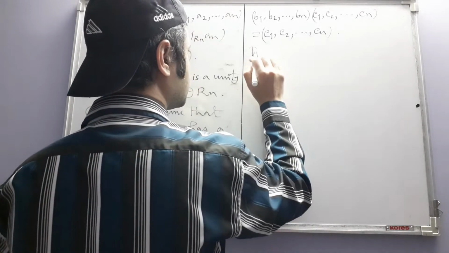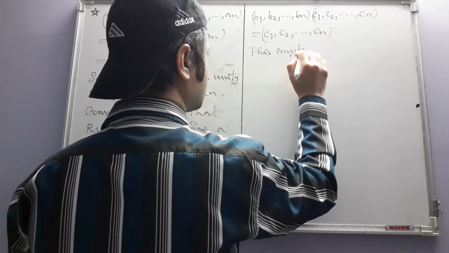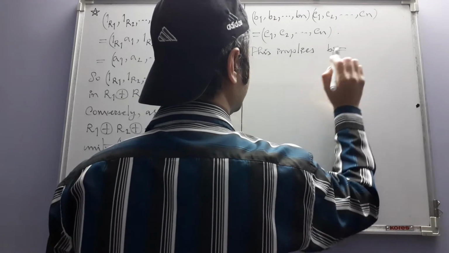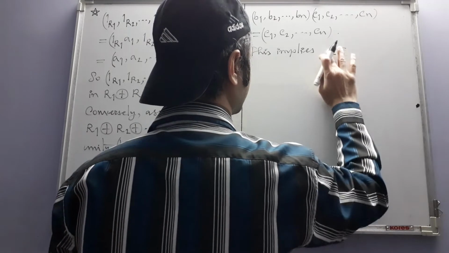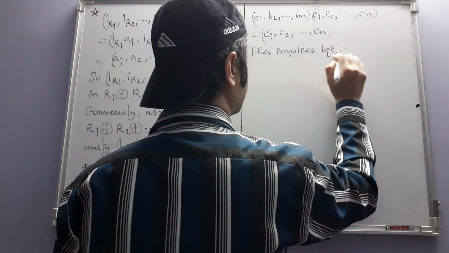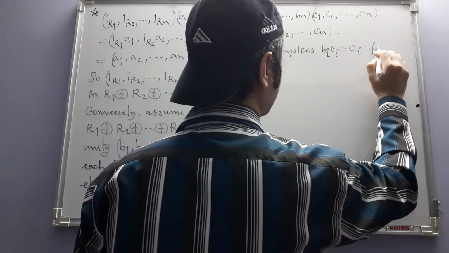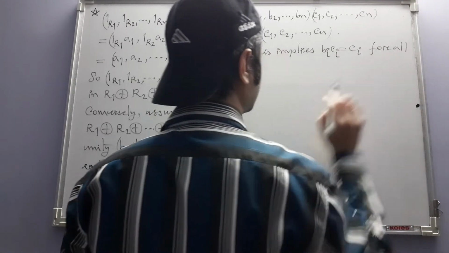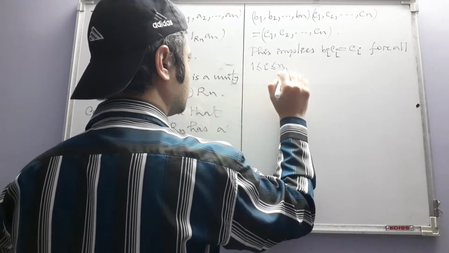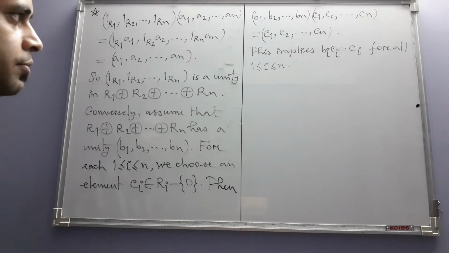This implies Bi times Ci is equal to Ci for all i varying from 1 to n.